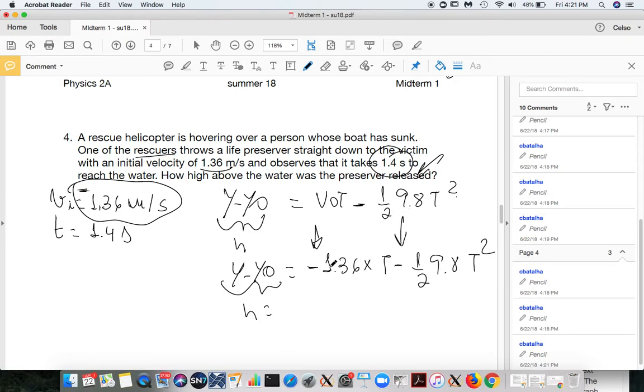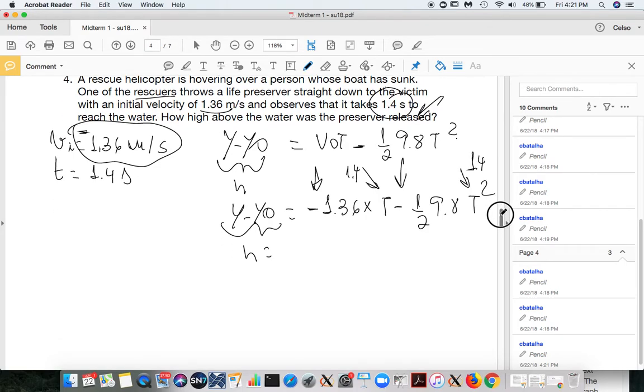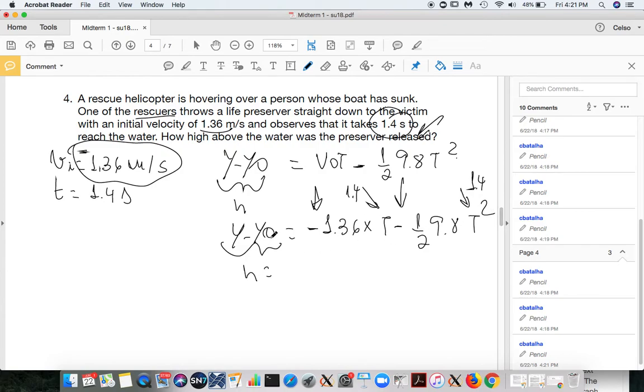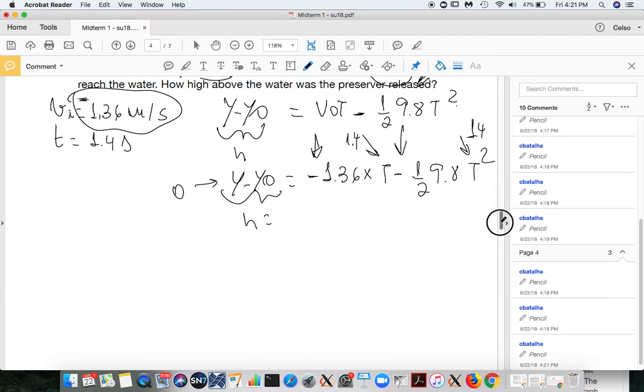So once you place the time that is given, 1.4 seconds, you sub this for 1.4 seconds, then you can get the height. It's going to have a negative height because the final position is 0, and the initial position is way above, and that's what you're going to find. Okay.